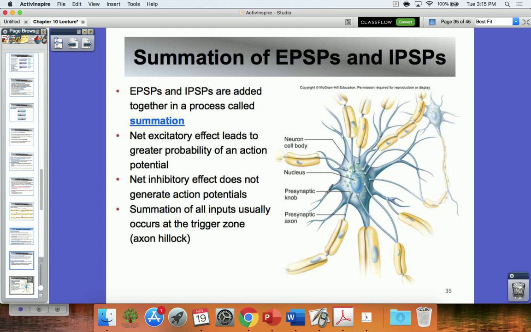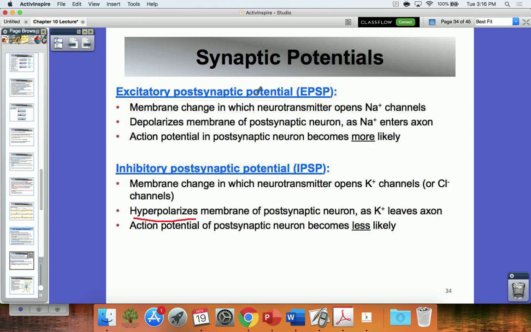So all of that together, depending on the type of signal, or if it's inhibitory neurotransmitters, that's going to cause this postsynaptic neuron to either be excited or not excited. It just depends. So this effect will depend on the summation of either excitatory synaptic potentials or inhibitory postsynaptic potentials.